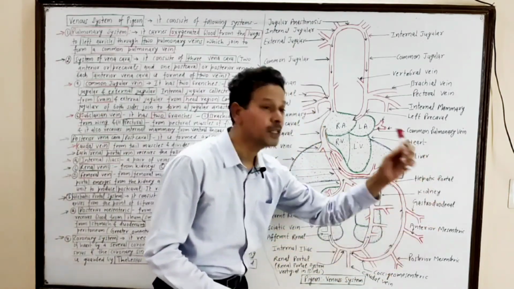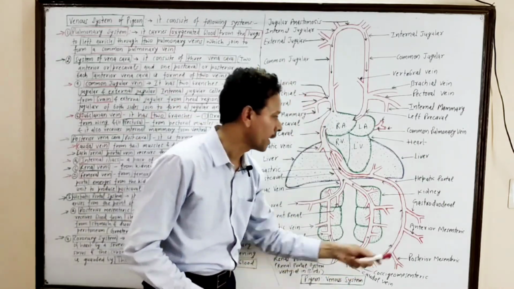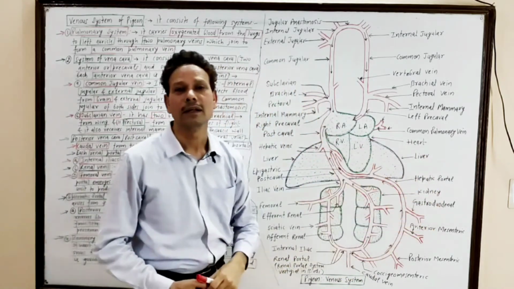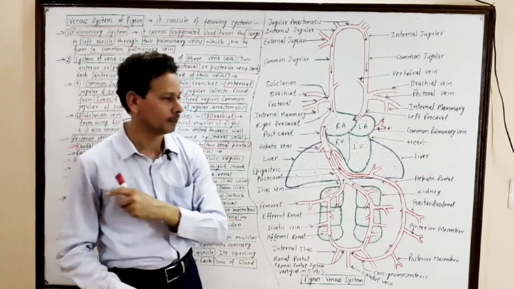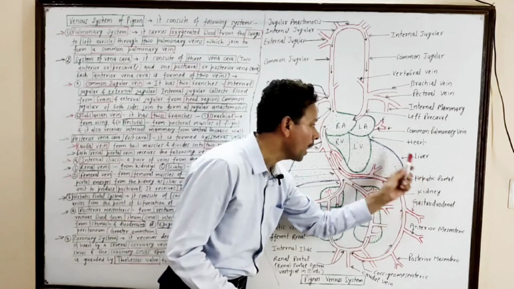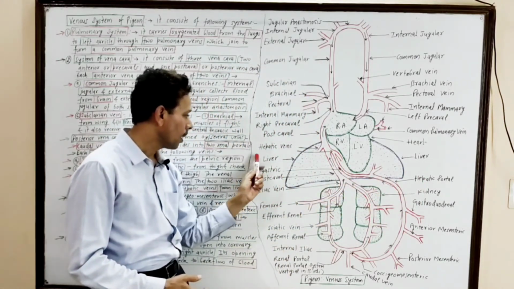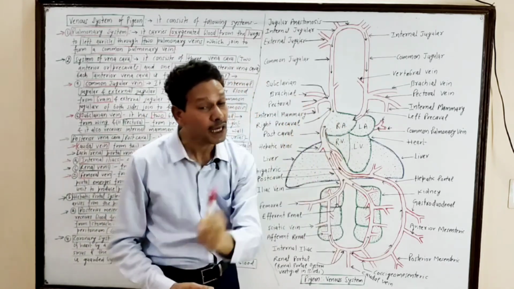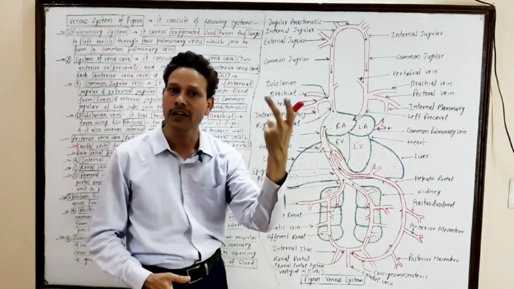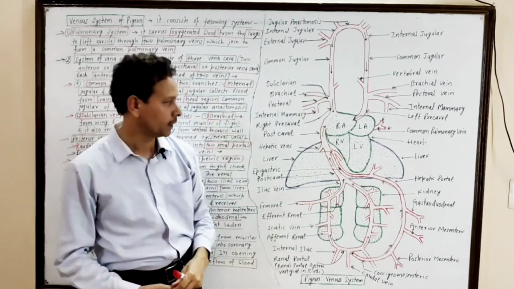And this anterior mesenteric receives blood from small intestine, while this gastroduodenal collects blood from stomach and duodenum, and it becomes now the hepatic portal. And this hepatic portal also receives epigastric, and this epigastric vein collects blood from the greater omentum, a food laden peritoneum fold.